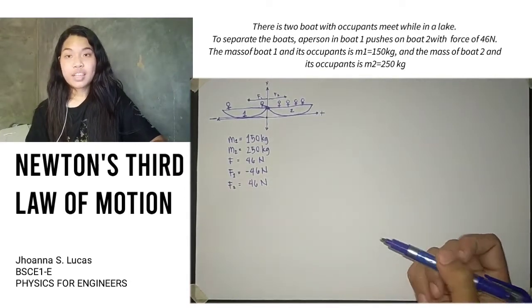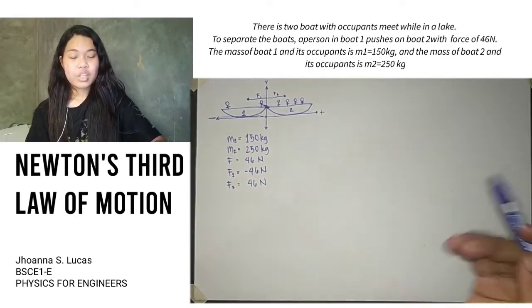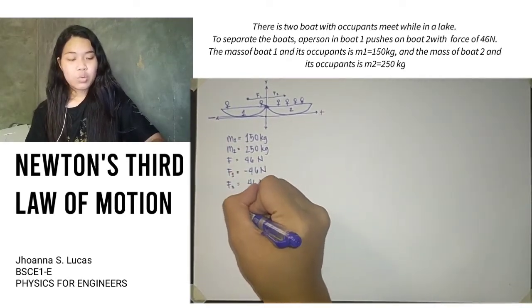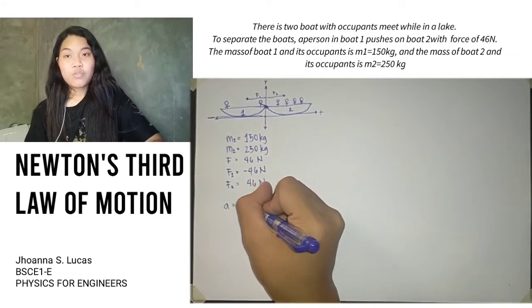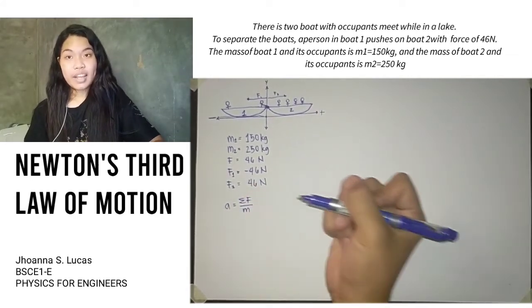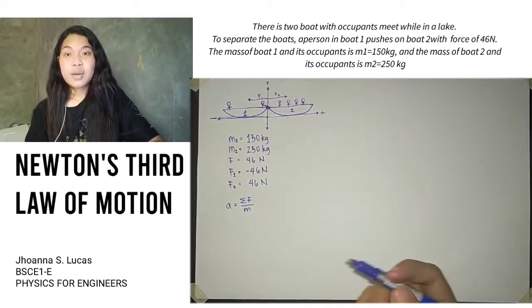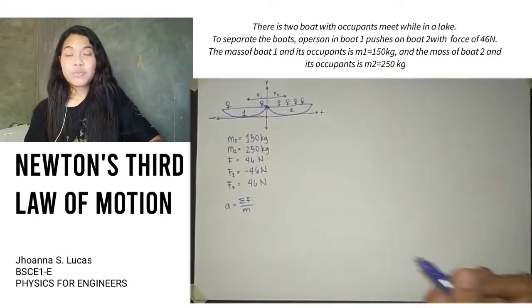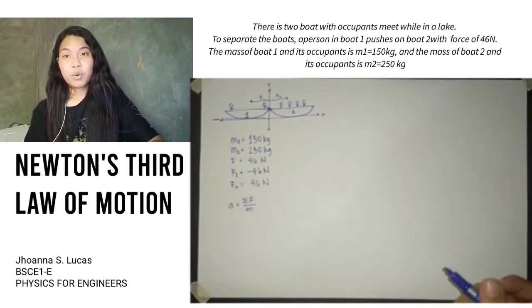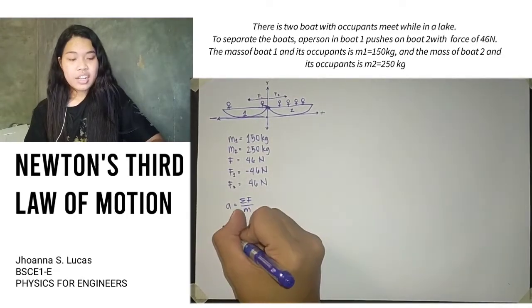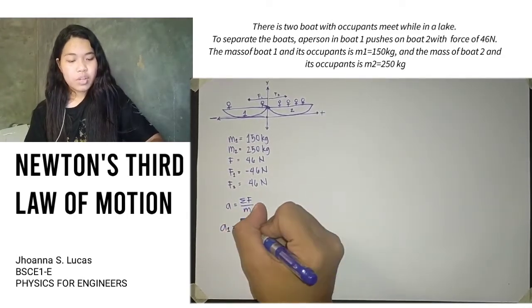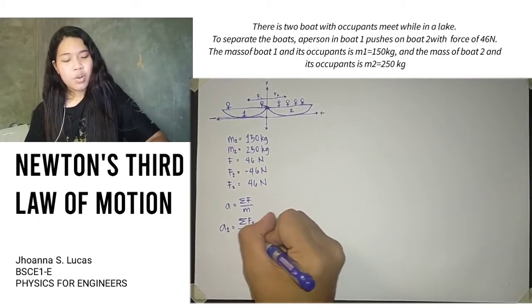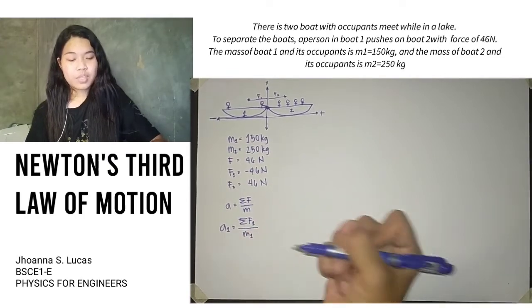After we identify the givens, we can now solve using our formula, which is acceleration is equal to the summation of F over mass. To identify it easily, we will use sub 1 and sub 2 for each boat. First, we will solve for the acceleration of boat 1. Acceleration sub 1, or a sub 1, is equal to the summation of F sub 1 over mass sub 1, or m sub 1.